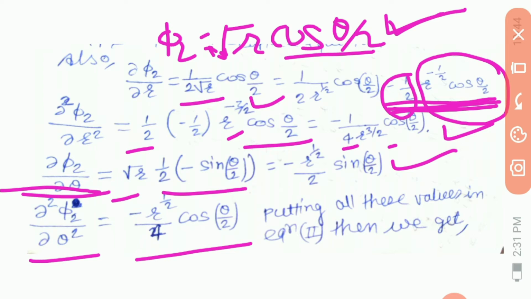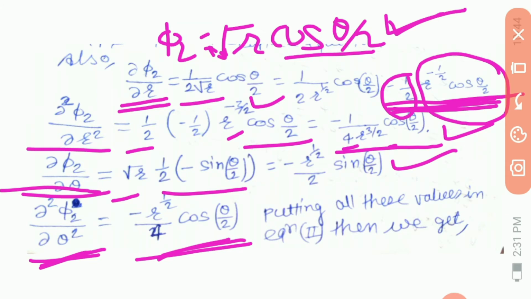Now put all these values in equation second. Which values? Value of ∂²φ2/∂r² means this value. Then ∂φ2/∂r means value of this, and ∂²φ2/∂θ², value of this.